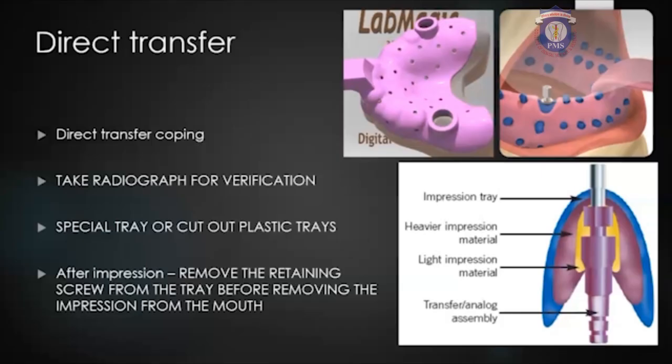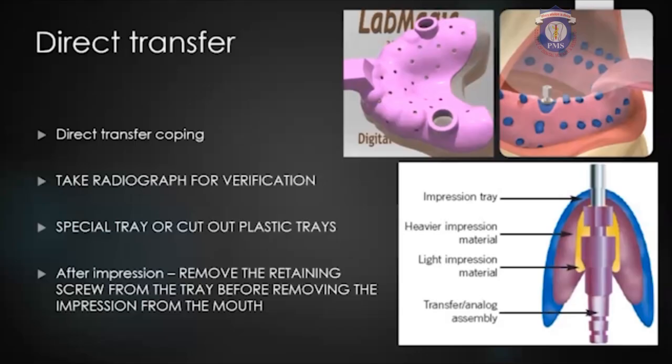The tray is already seated in the patient's mouth, and we have a long screw, and this long screw should come out through the opening in the impression tray. Once you have this screw coming out through the tray, you have to remove the screw before you remove the impression. Once it is unscrewed, the impression can be removed.